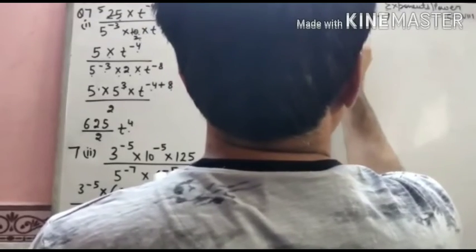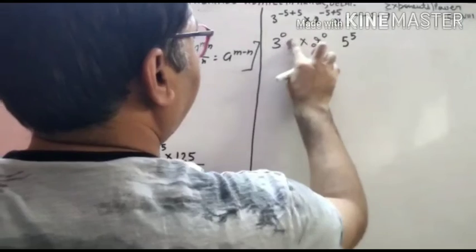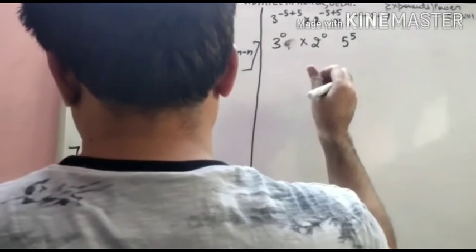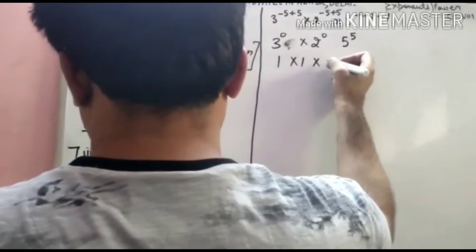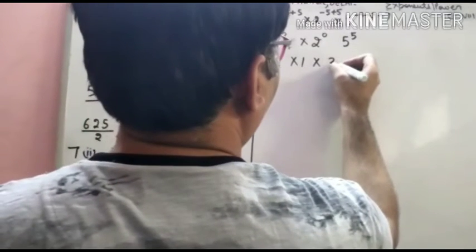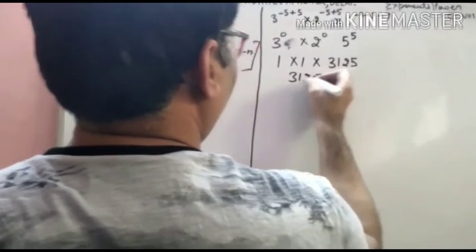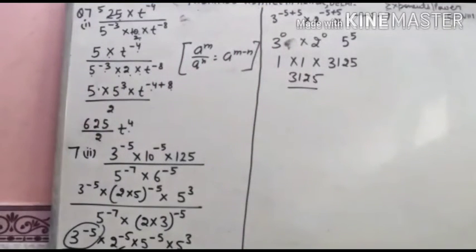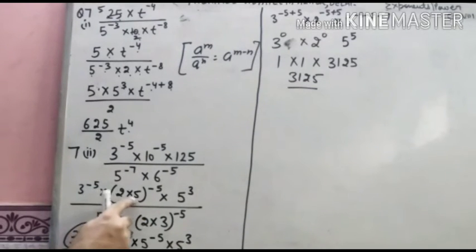It can be written as 5 raised to power 5, 2 raised to power 0, and 3 raised to power 0. What will be the result? The result will be 1 into 5 raised to power 5, which means 3125, and the result is 3125.